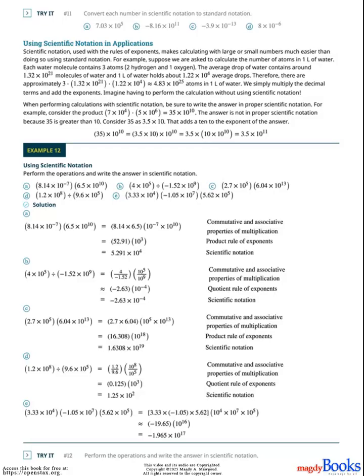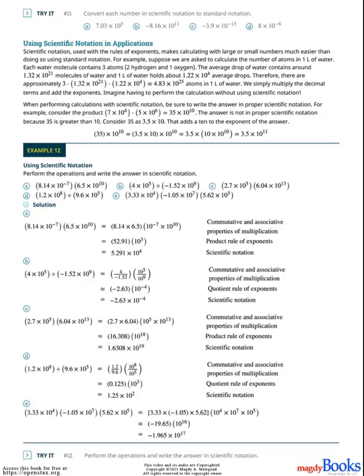A. (8.14 multiplied by 10 to the power of -7) multiplied by (6.5 multiplied by 10 to the power of 10) = (8.14 multiplied by 6.5)(10 to the power of -7 multiplied by 10 to the power of 10).